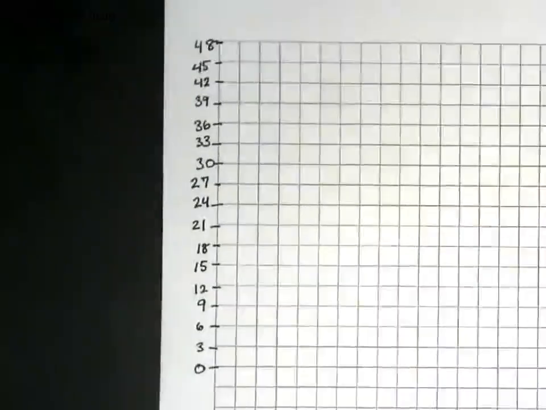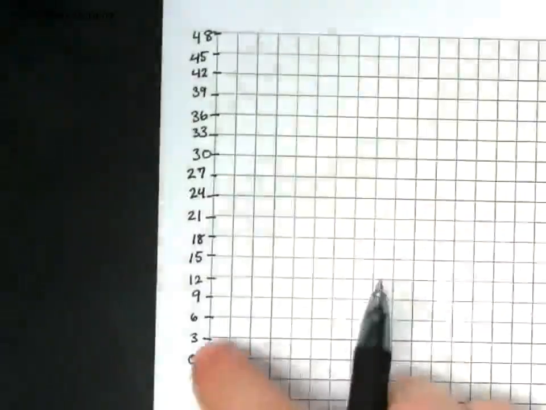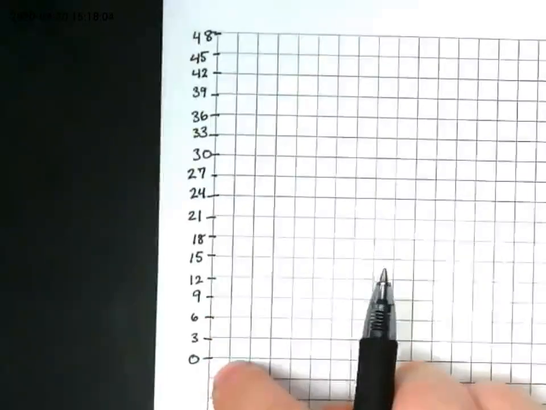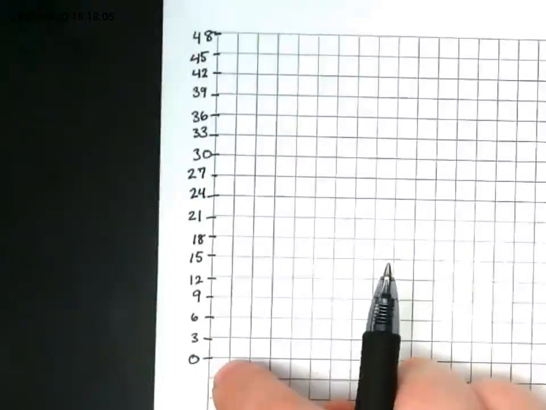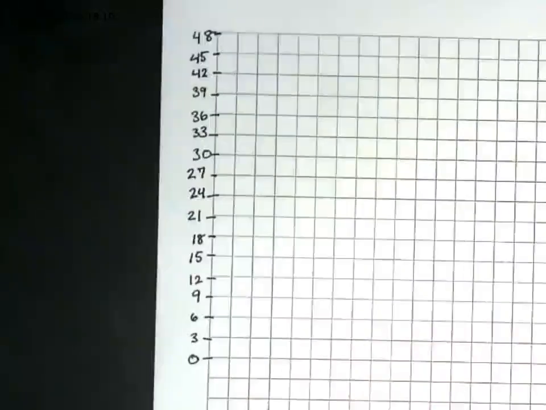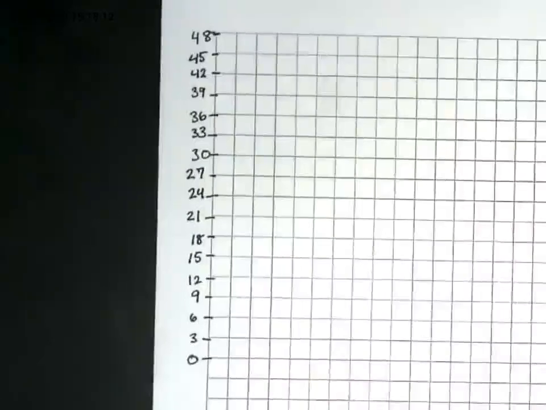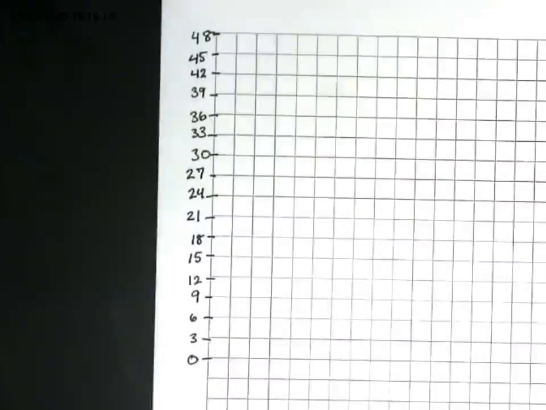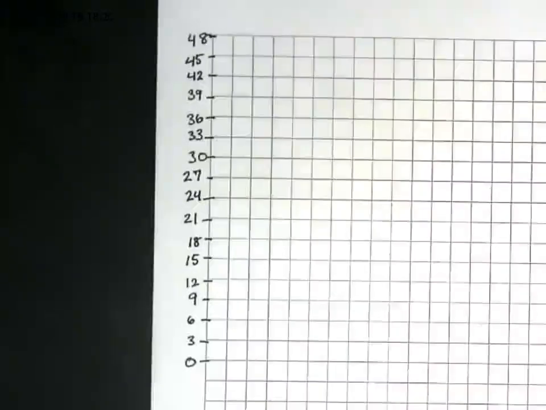Okay. So again, I decided to go with each hash mark equaling 3 units, because my highest value is 42. I know off the top of my head, 42 is 6 times 7, which would mean that it's 14 times 3. So it is just easier to think of it in that way.